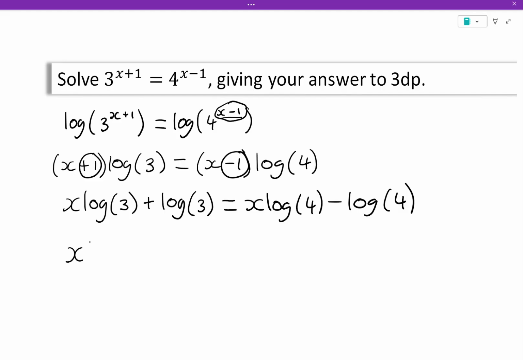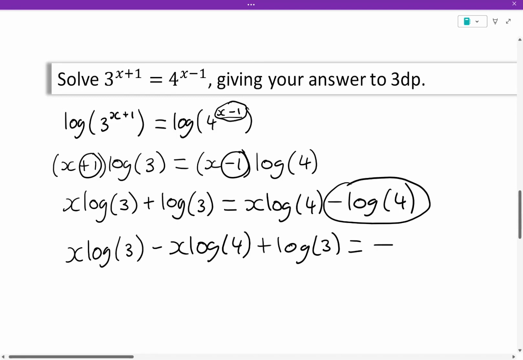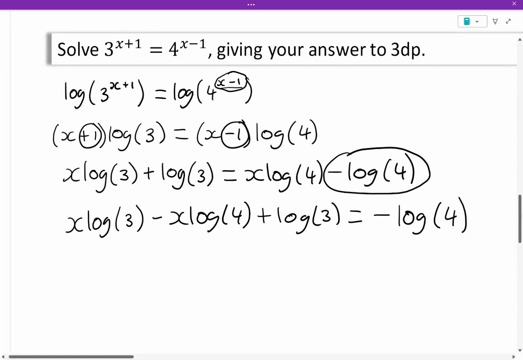So we would get x log 3, subtract x log 4, which is what I've moved over during this line of working. Might just circle it here. And then we still got the plus log 3. And then we got equals 2. And the only term that is left for me to write is the negative log 4, which is left on that side, like that.